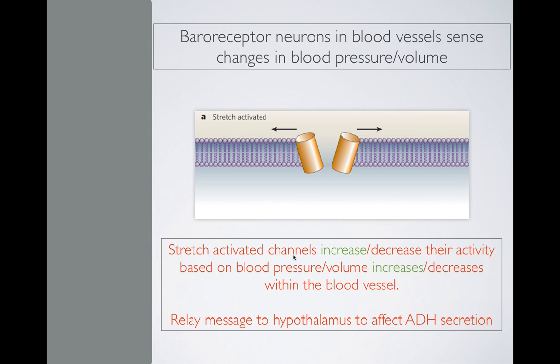So for example, these channels will increase their activity if blood pressure and blood volume increase. These channels on the baroreceptors will decrease their activity if blood pressure and blood volume decrease. And just like the osmoreceptors, these baroreceptors will tell the hypothalamus whether or not to release ADH.